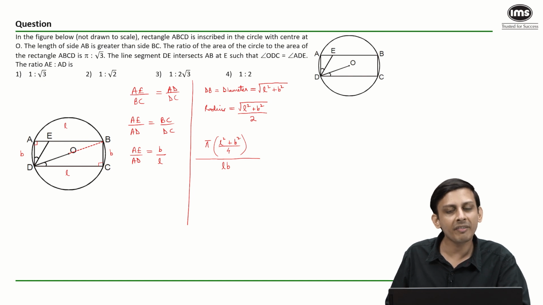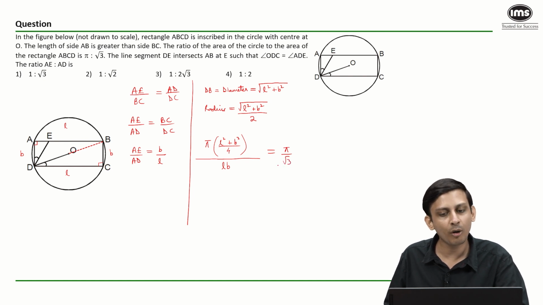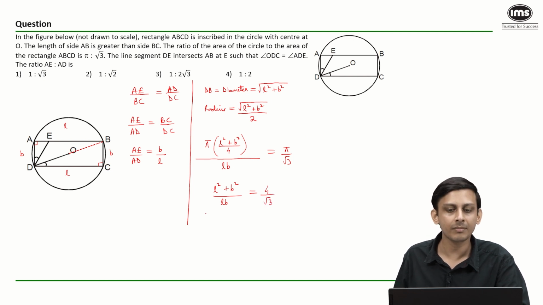So this is the ratio of area of circle and area of rectangle, which has been given as pi is to root 3, which is pi by root 3. Pi will cancel off. Now we will get that L square plus B square by LB is equal to, taking 4 to the other side, 4 divided by root 3.